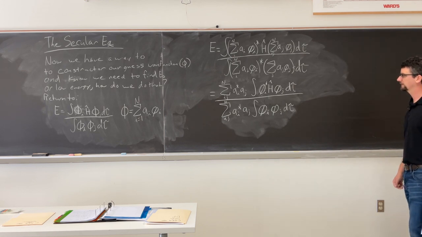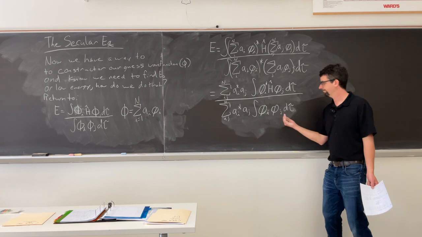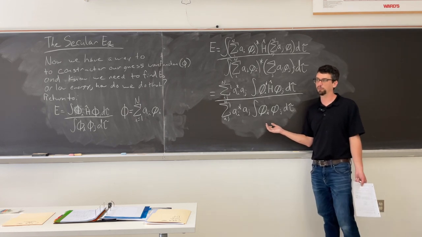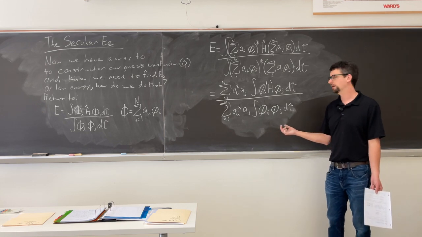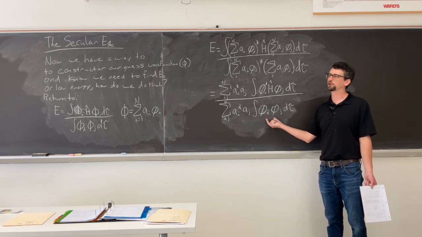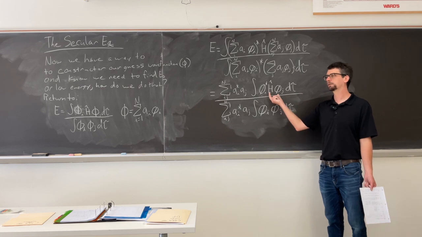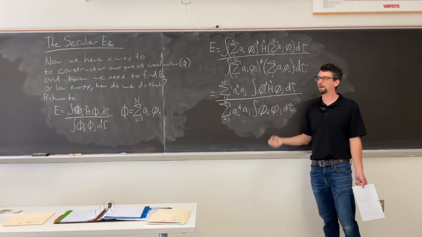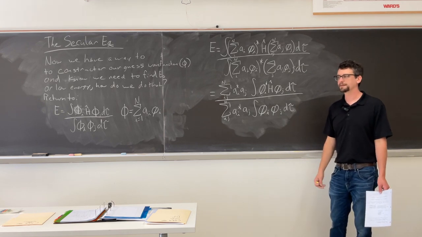Now we get this. In the past, we were using orthonormal wave functions, meaning if these two are not the same function, what happened to them? They were zero. If they were the same function, what happened to them? One.